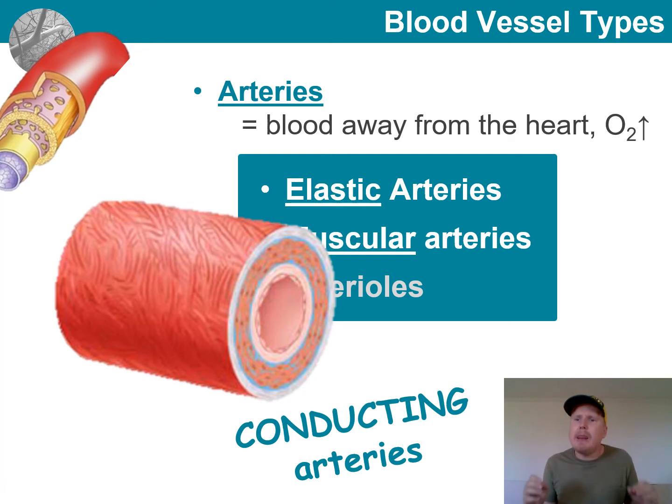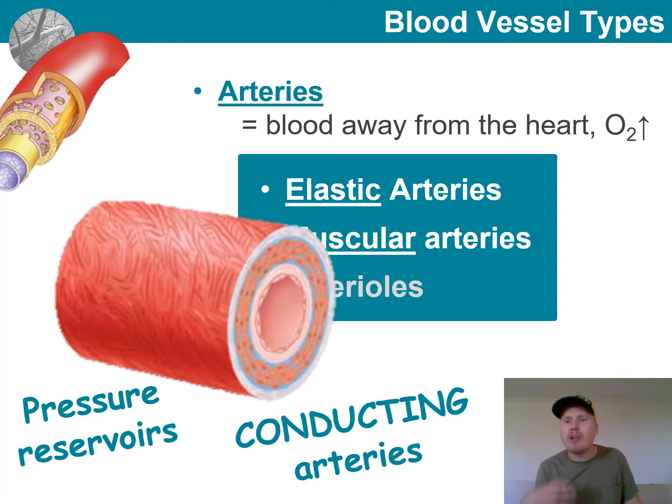And there is little to none vasoconstriction happening on these vessels. Instead, they expand and recoil in response to the pulsatile high-pressure blood being pumped out of the heart. So they can be considered as pressure reservoirs of the vasculature. So that is a good brief summary of the elastic arteries. Let's move on.